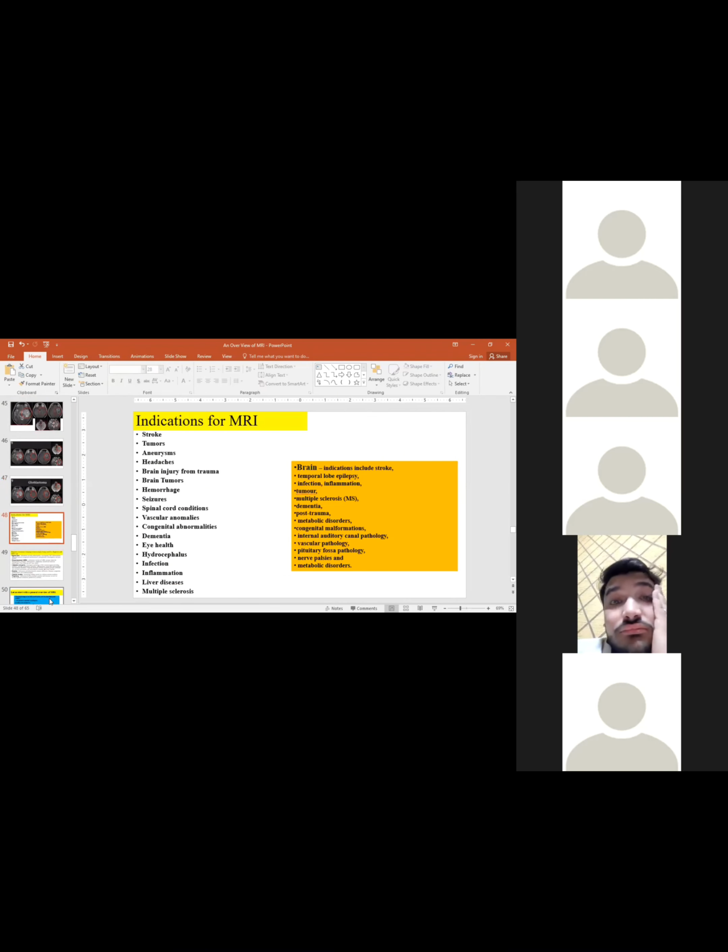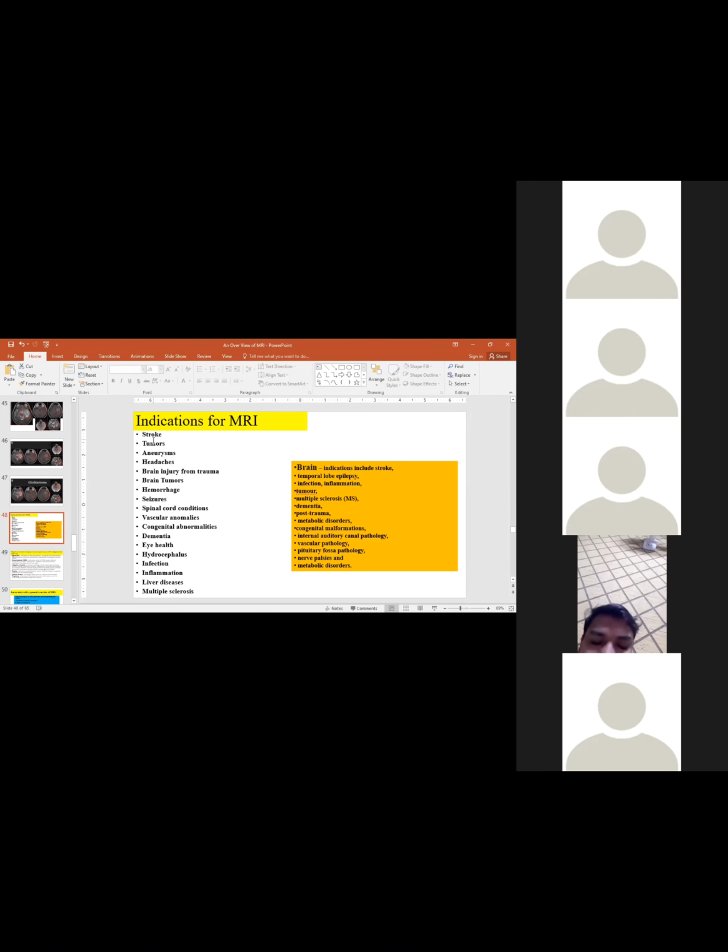Now, what are the indications? Just as I have discussed in detail the brain anatomy on MRI, and some pathologies and how they look on MRI, just to finish it, I'm talking about the indications for MRI in case of brain.